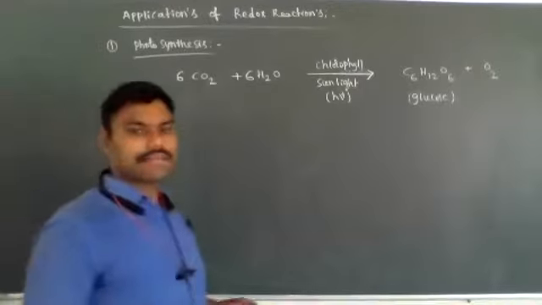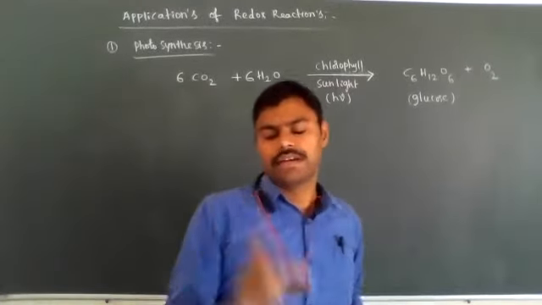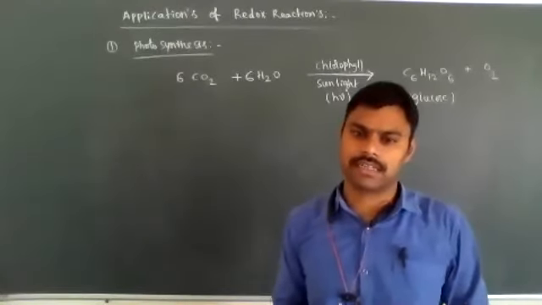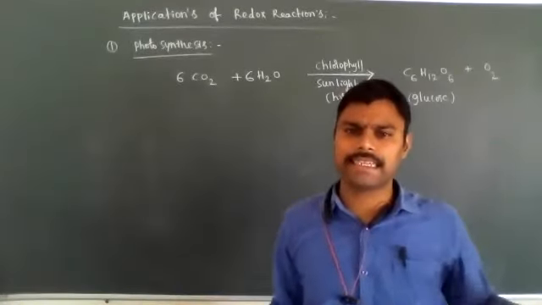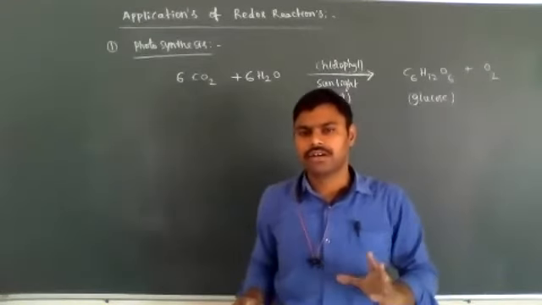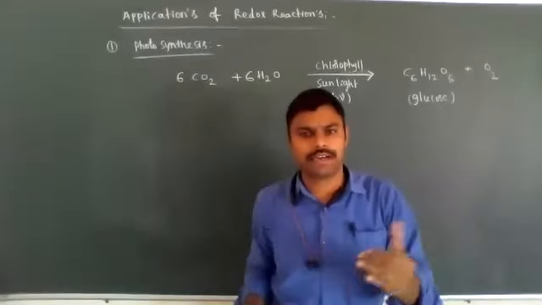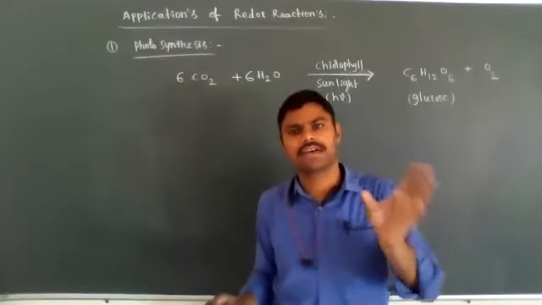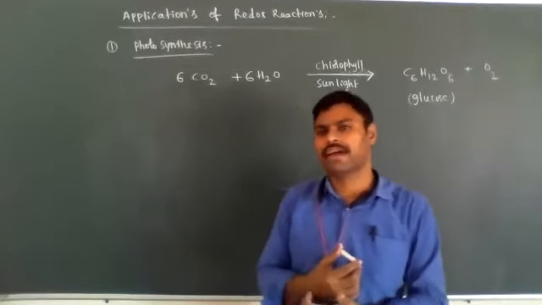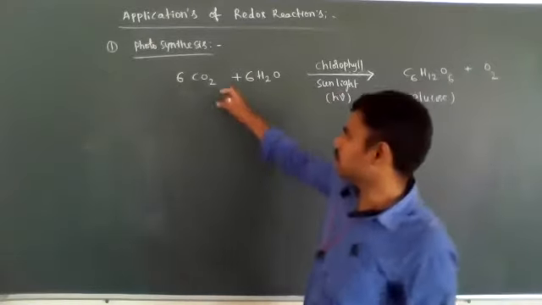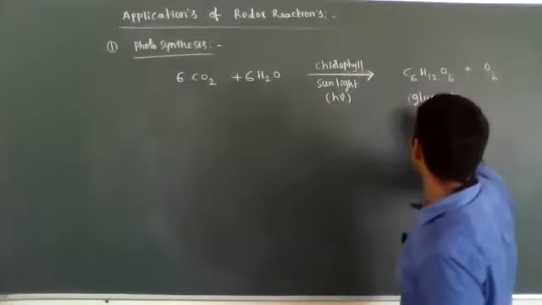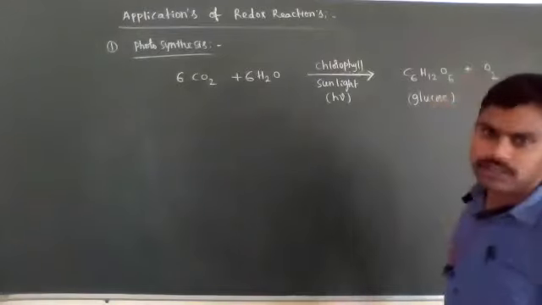As a shortcut for JEE Mains and all, balancing of redox reactions means the oxidation number method only. They won't ask for the complete balanced equation, or how many moles of reactants and products are forming. So in some cases there is no need to balance oxygen and hydrogen; just according to the question, what we need to solve, that much only we have to do. Okay, in photosynthesis, 6 moles of carbon dioxide and 6 moles of water are converted into glucose and release oxygen gas.